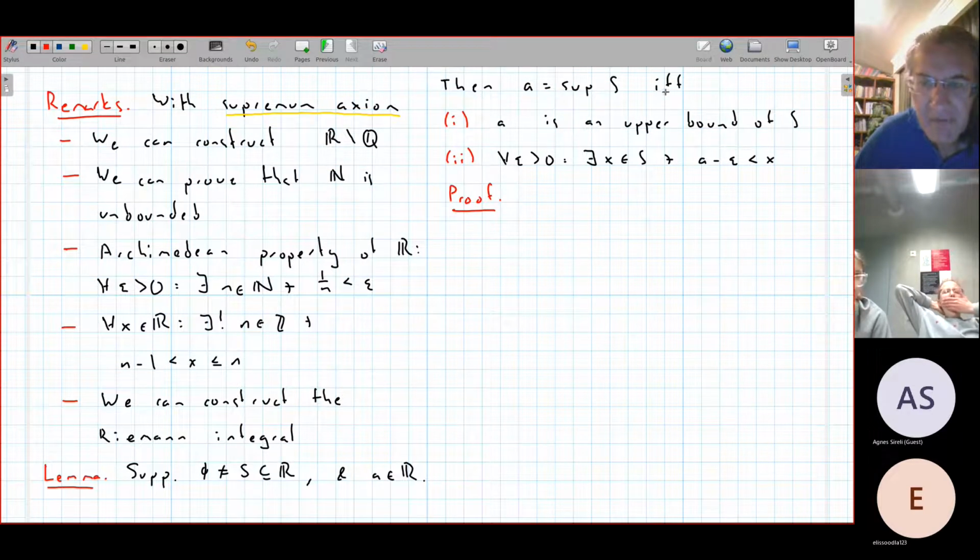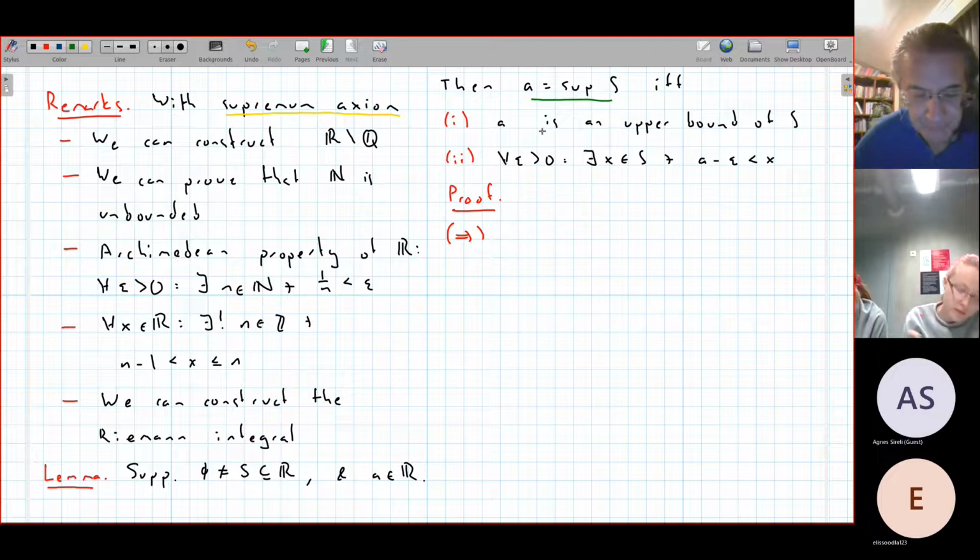So this is an if and only if. So we need to prove both implications. So suppose first of all that A is the supremum of S, and we have to prove this property and this other property.